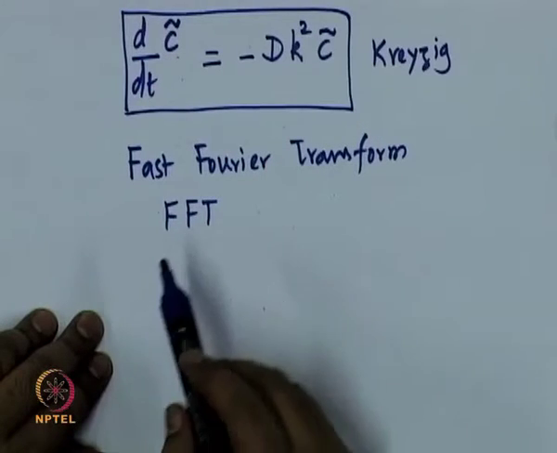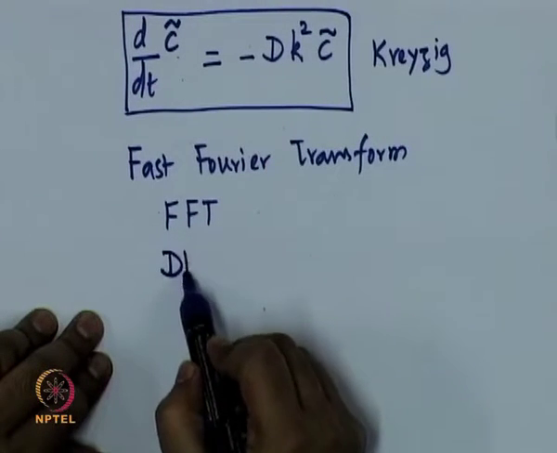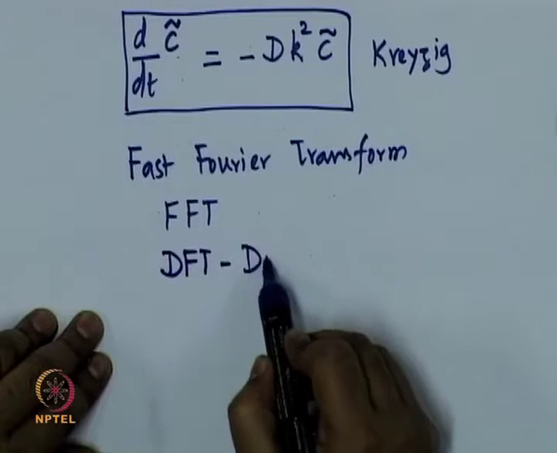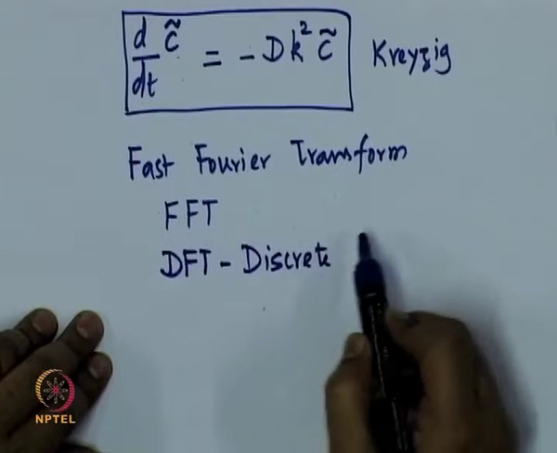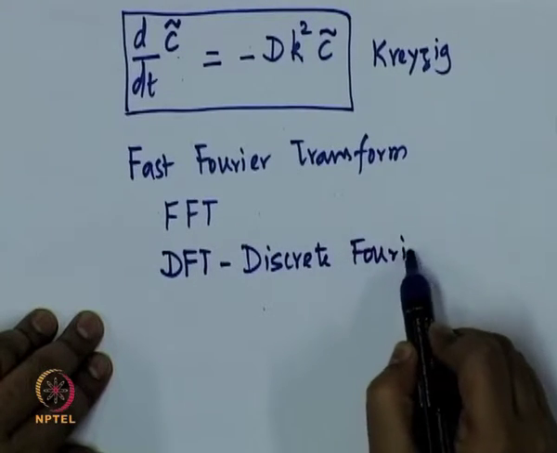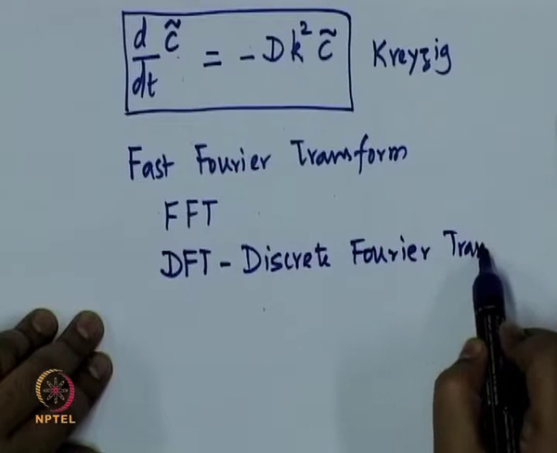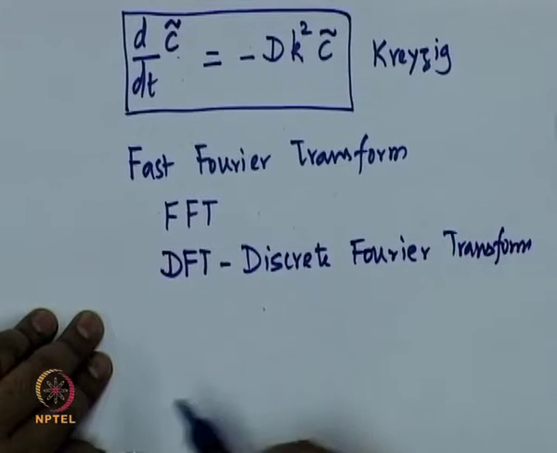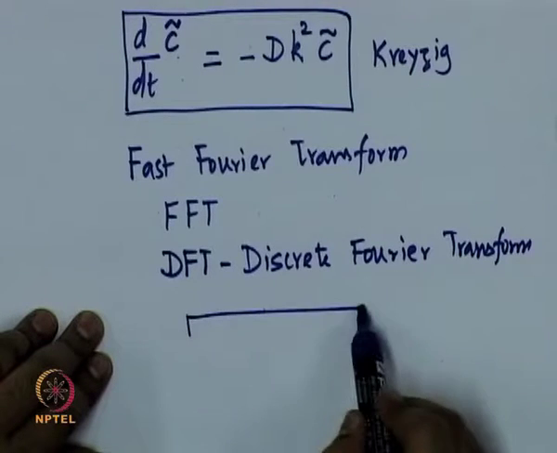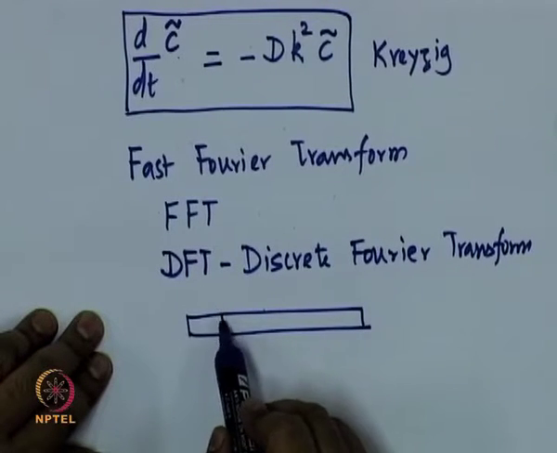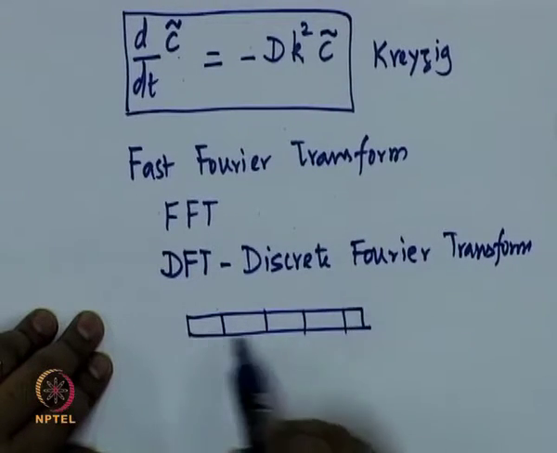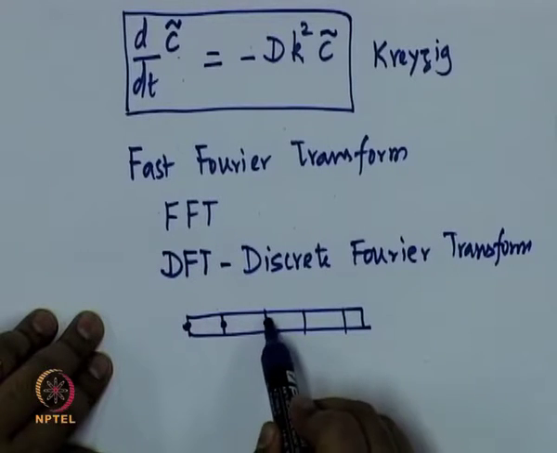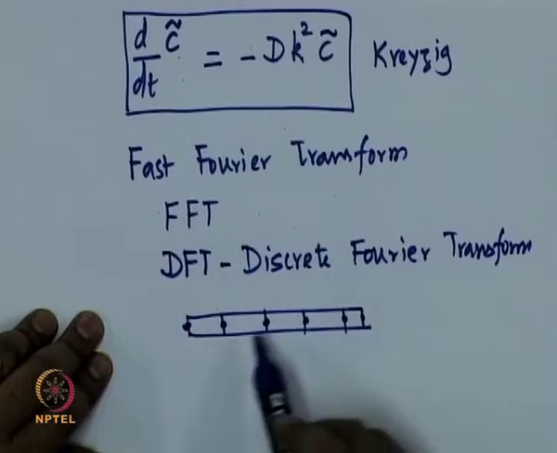But the Fourier transform that FFT does is basically a discrete Fourier transform. So it is sometimes called DFT, the discrete Fourier transform. What do we mean by that? See, when I want to solve the equation numerically, like I told you, I am going to take the system and split it into node points, and these node points are where I will have the value of the composition.